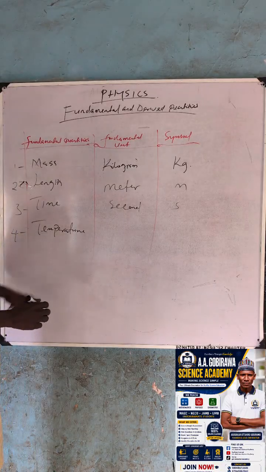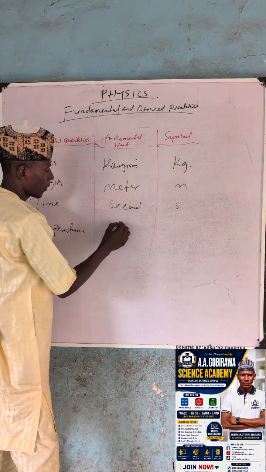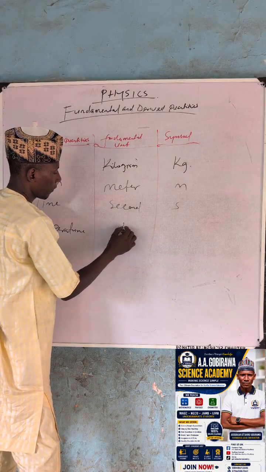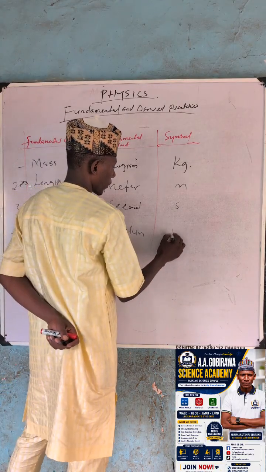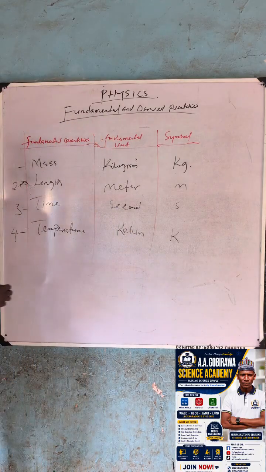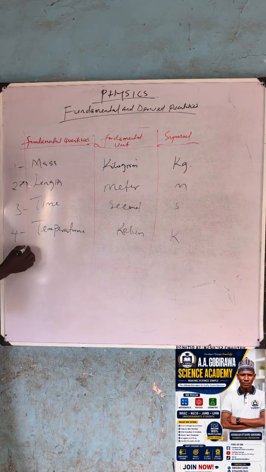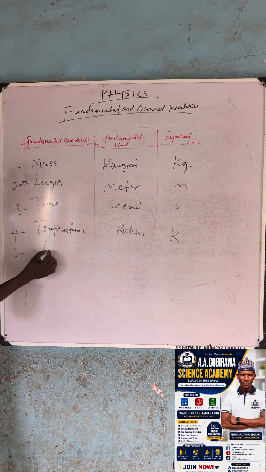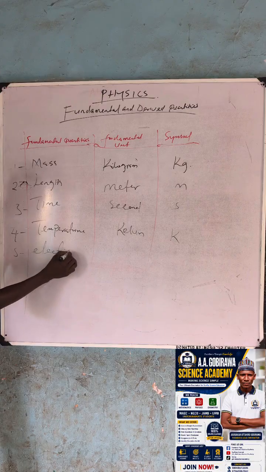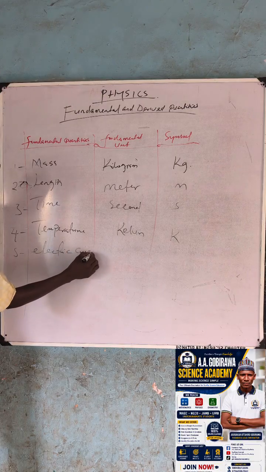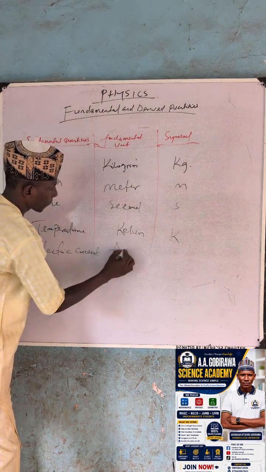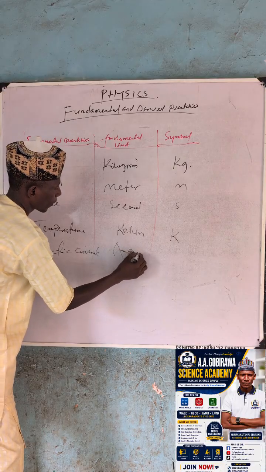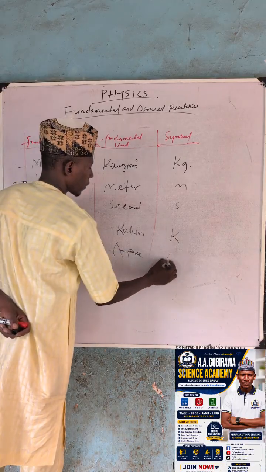The unit of temperature is Kelvin, and the symbol is K. Then we have electric current, number 5, which is ampere, and the symbol is A.